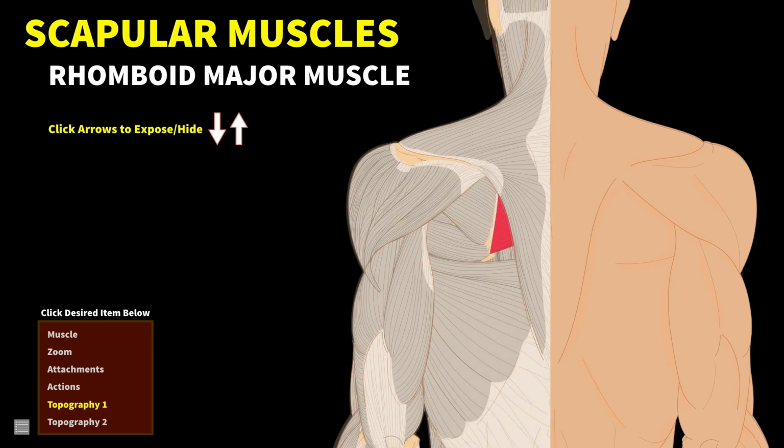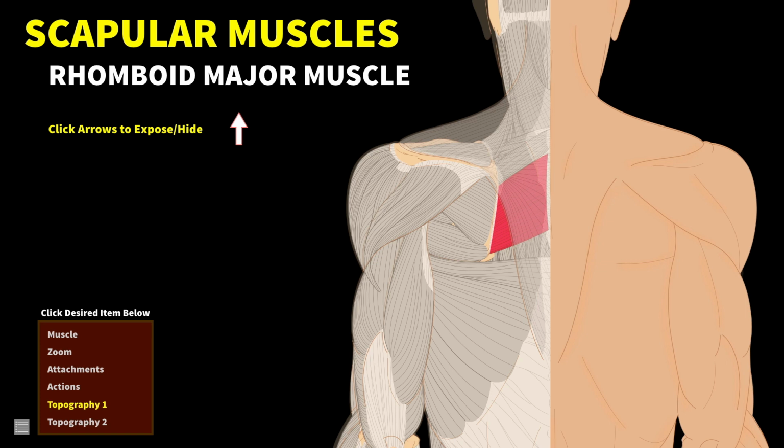Note that it is partially visible, but that the majority of the muscle is covered by another large muscle, the trapezius, which we will encounter later in this series of muscles. If I make the trapezius transparent, then notice that you can see the rhomboid major. So we see that this is a deeper muscle.